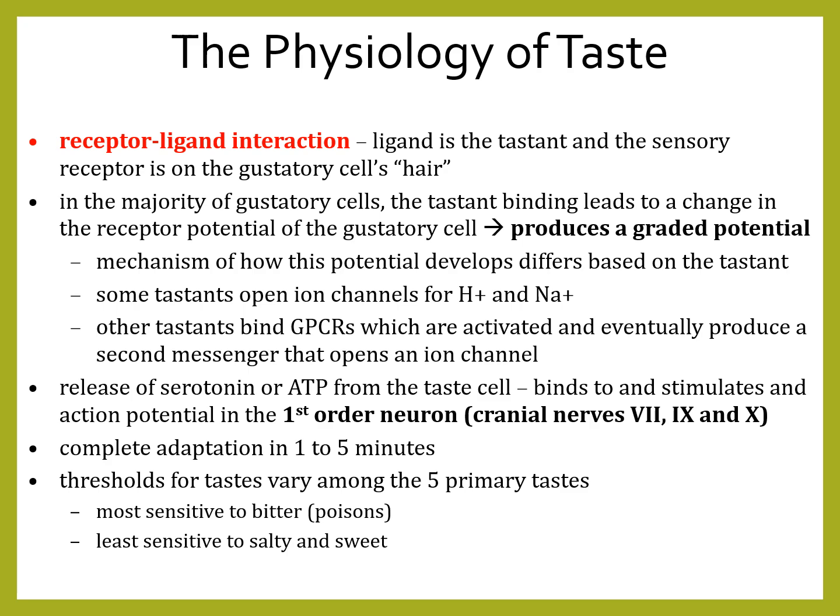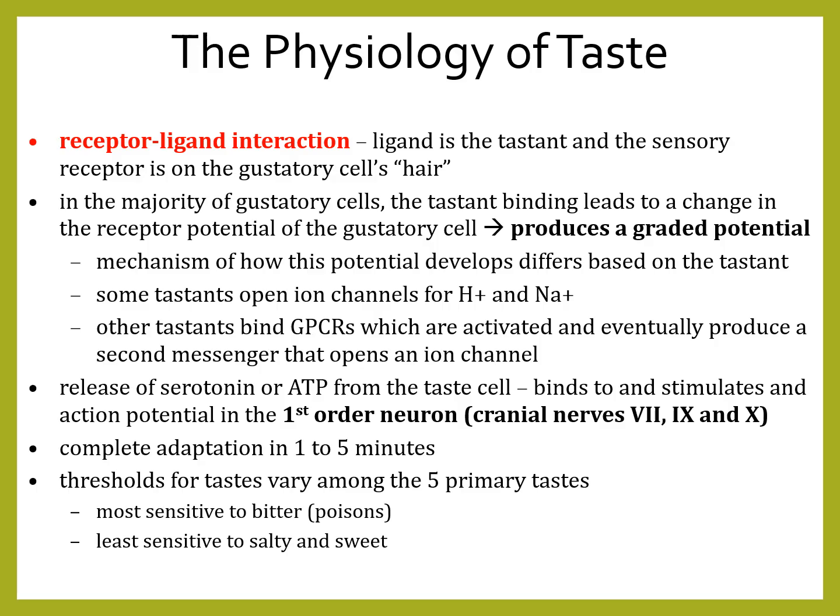It's going to lead to depolarization of the gustatory cell, and it's going to produce something called a graded potential. In the majority of gustatory cells, the tastant produces a sub-threshold graded potential. You don't get an action potential, but that graded potential is still enough to cause the release of, say, ATP or a neurotransmitter like serotonin.